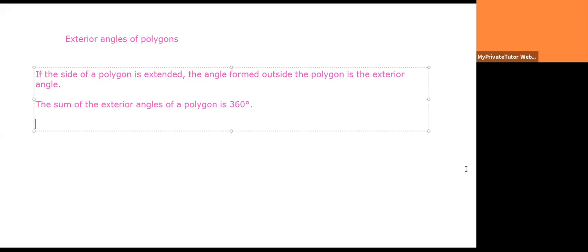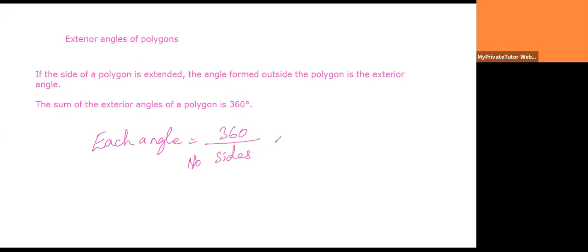Let me draw that. Each angle is 360 divided by the total number of sides in a polygon, the number of sides in a polygon. Okay, so this is how we need to find the angle.